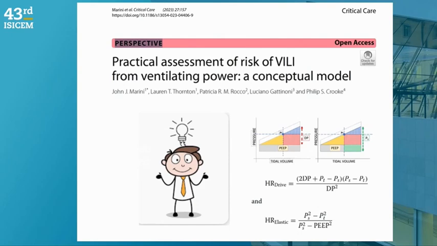But in a paper that we've written, if you're looking at just driving pressure and looking at the hazard ratio, how much energy above the hazard are we generating above the driving pressure that's dangerous? It's a fairly simple equation. It relates to the threshold pressure, it relates to the plateau pressure, and it relates to the driving pressure.